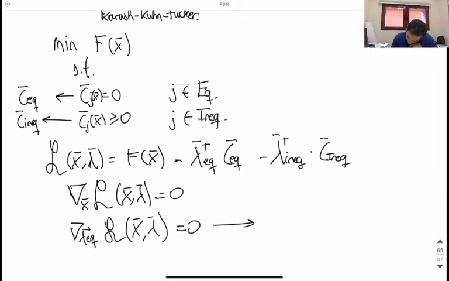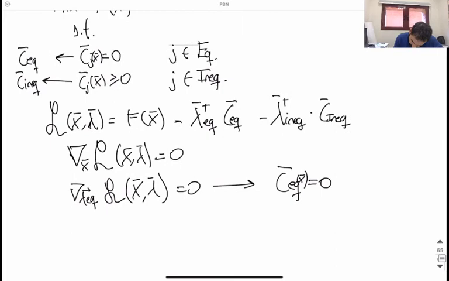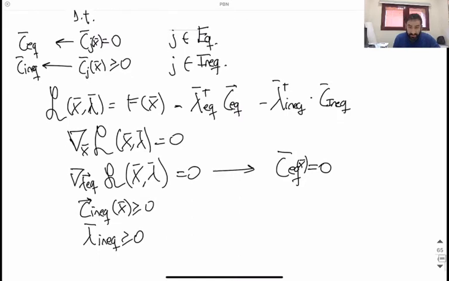So here I have that my equality constraints are equal to 0. These in principle depend on the state vector. And on top of that, I also have my inequalities to be greater or equal than 0. And then I have my lambda inequalities that are greater or equal than 0 as well. So these two must be greater or equal than 0.